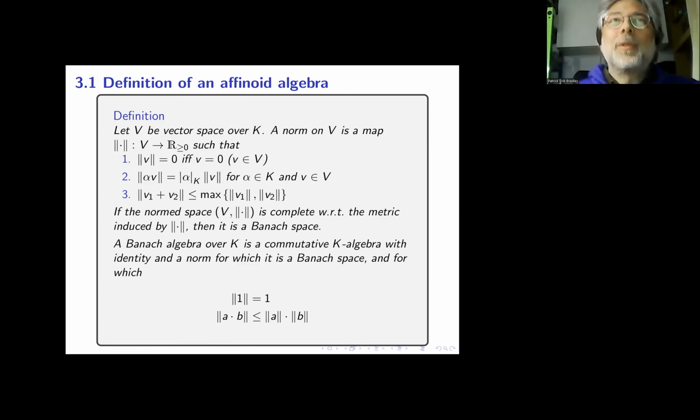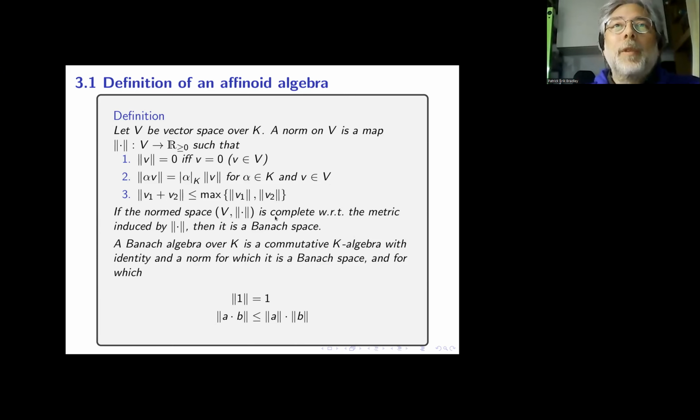But in order to define an affinoid algebra, we need a general definition of Banach space in the non-Archimedean setting. So we have a vector space over K. We have a norm with the usual axioms, except that the triangle inequality, number 3, is of course the strict one, with the maximum instead of the sum.